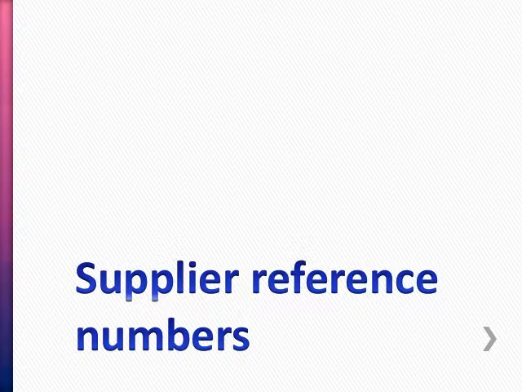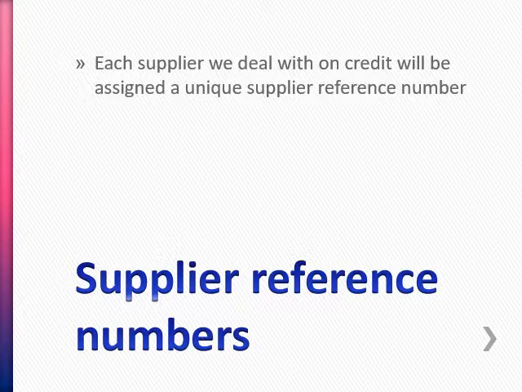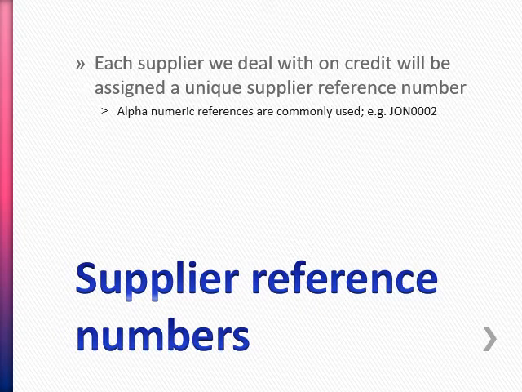Now, earlier I said that we'd record a supplier reference number because every supplier that we deal with on credit terms is going to be assigned a unique supplier reference number. Typically these are alphanumeric in nature, and what we mean by that is that they're going to be a mixture of letters as well as numbers.